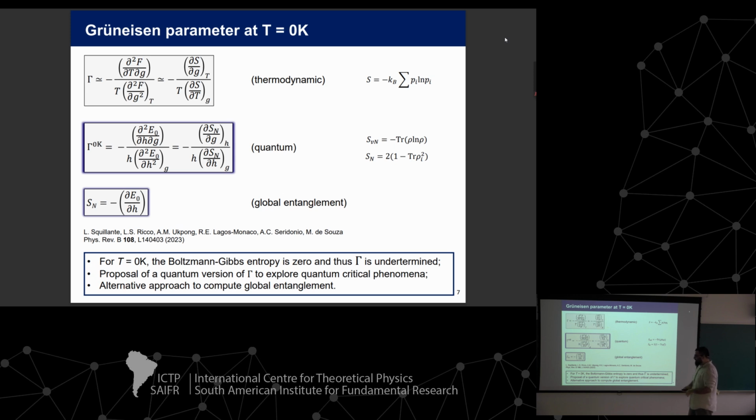Right, but I would say that if you are in a thermal state, they should agree. So you should have ways to check that for T different than 0, these two for special states. Like, for example, for a thermal state, they do agree. For a thermal state, no. They don't. I see. This is strictly for 0K. I'm just mentioning that you can have von Neumann entropy even though you're not at 0K.